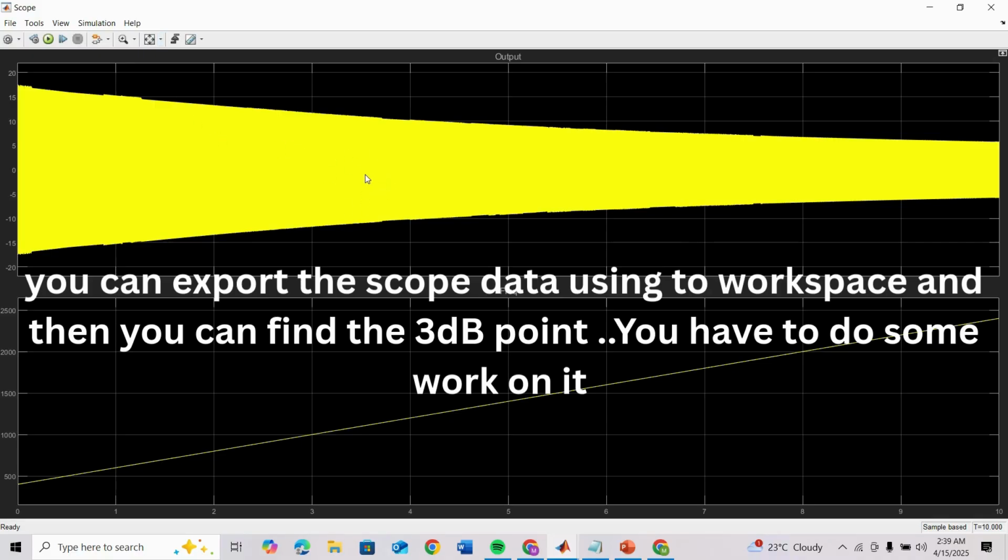This is the behavior of the low pass filter. It will pass the low frequency signal, and it will block the high frequency signal. So this is the way you can model your low pass filter and verify it, and you can also write code here to find the accurate cutoff frequency.